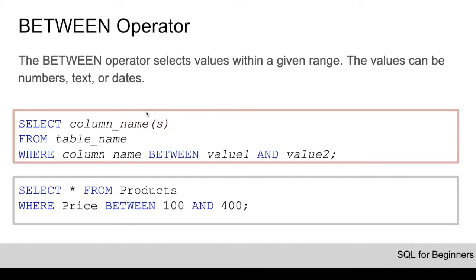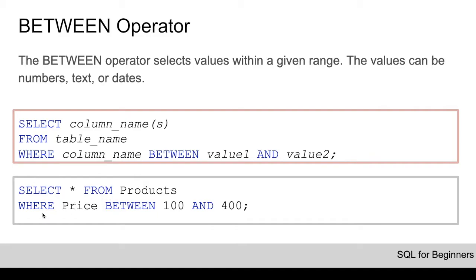The BETWEEN operator is used in the WHERE clause. So when we are writing our WHERE clause, we specify the column name which we want to filter, and then we specify the range to give us the specific results. For example, a very simple and widely used example could be when we want to filter the price of the product and we want it to be in a certain range.